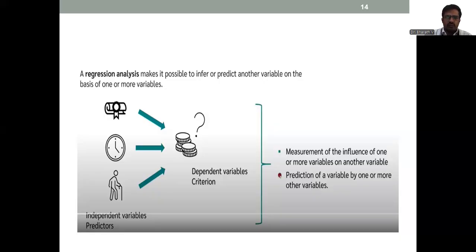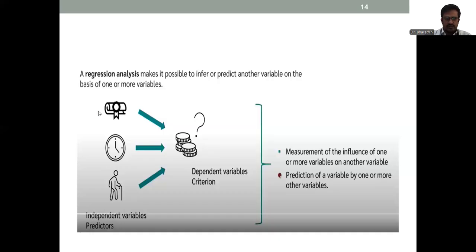If we are using only one independent variable, then it's a simple regression. If we are using more than one independent variable, that is multiple regression. You can see these three independent predictors: education, the weekly hours worked, and age. To predict the dependent variable, what salary can be expected by a person?